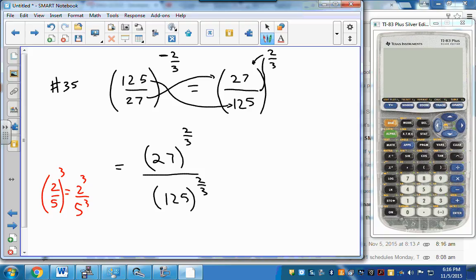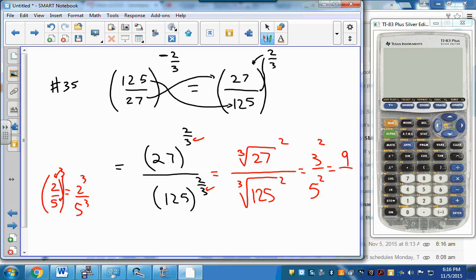Here the cube would have to go with each one. Okay, so now let's see what we've got. Remember, the roots are on the bottom. So this is the cube root of 27 squared divided by the cube root, roots are on the bottom, there they are, of 125 squared. Cube root of 27 is 3, and the cube root of 125 is 5. So this is 9 over 25. That's your answer.